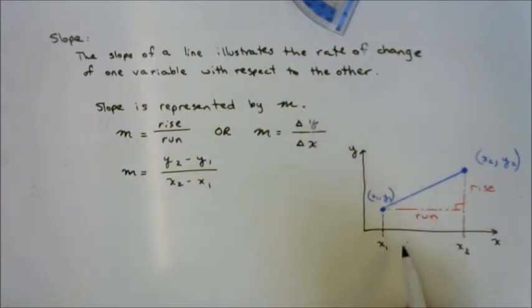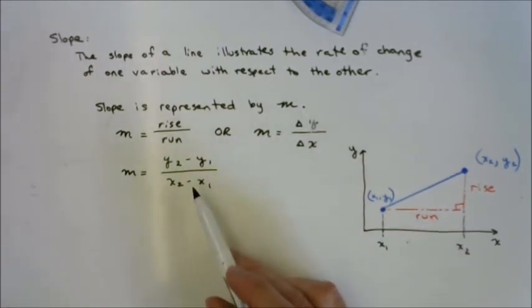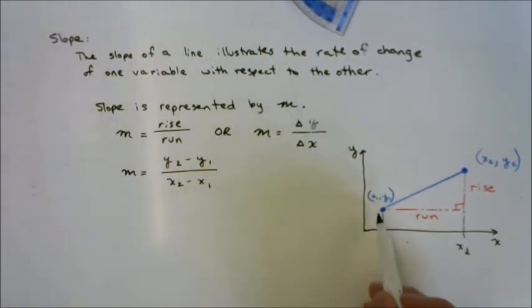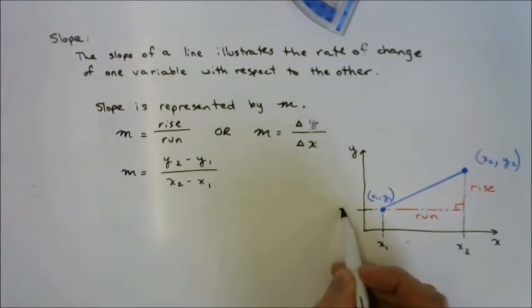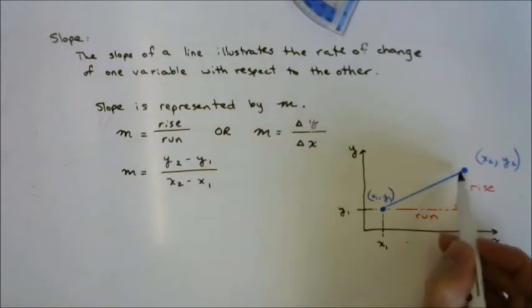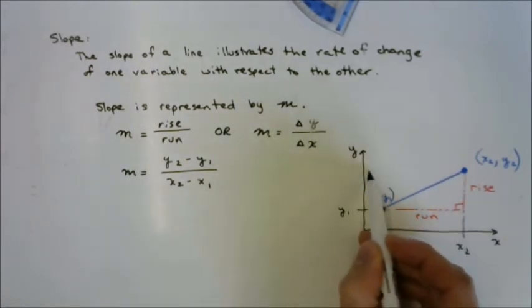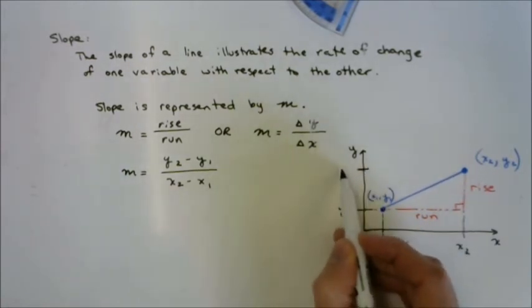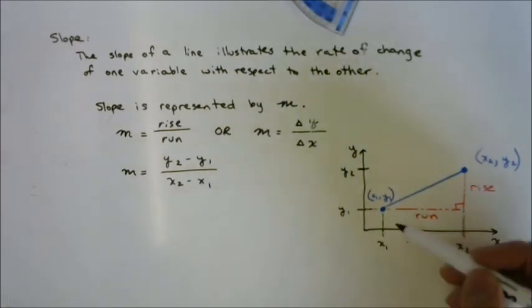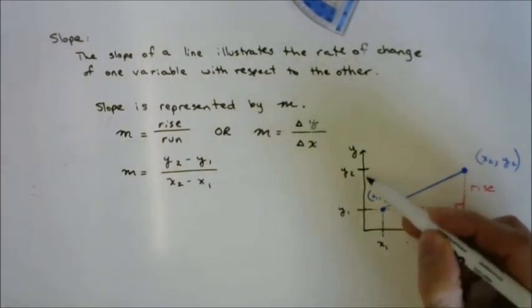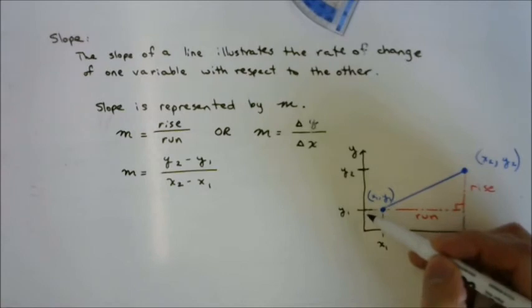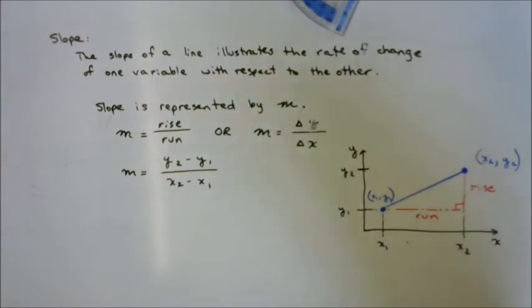So the space in between is x2 minus x1. That's your run. If I trace this point across, I've got the value of y1. And if I trace this point all the way across, I've got the value of y2. So in between, y2 minus y1 is the same as the rise. Okay? That makes sense.